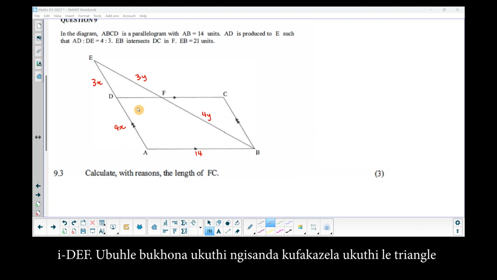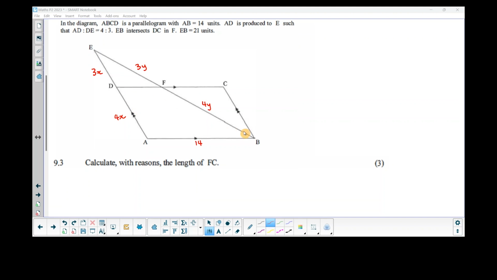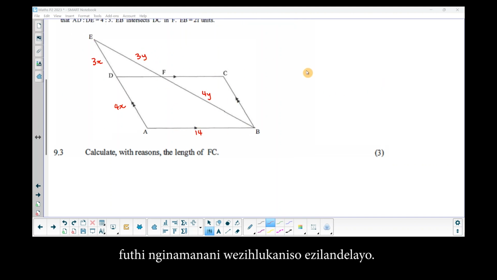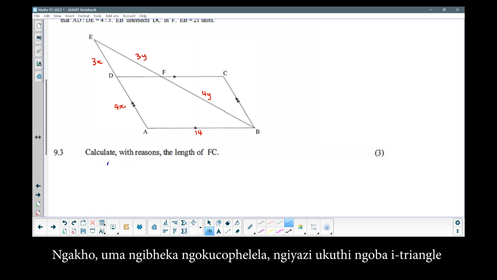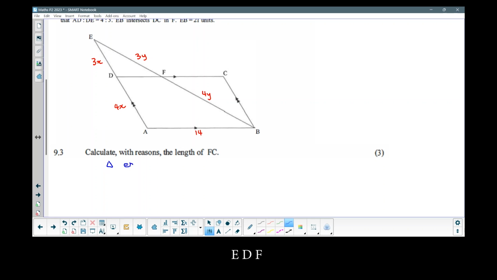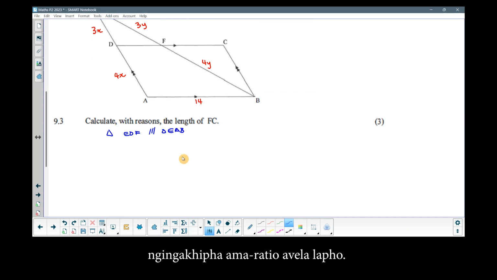The beauty is I've just proven that this little triangle is similar to the big triangle. And I've got the ratios of the other sides of the triangle. So if I look closely, I know that because triangle EDF is similar to triangle EAB, I can pull some ratios from there.